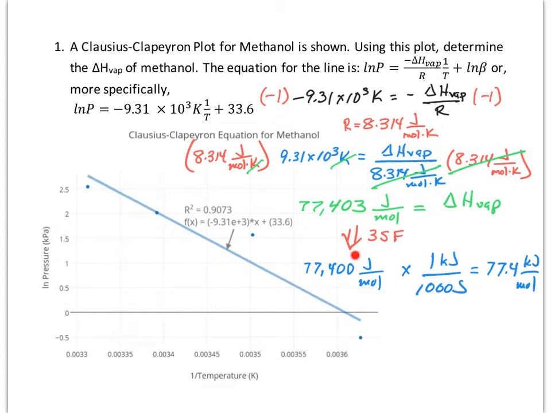So if we round to 3 significant figures, we get 77,400 joules per mole. If we convert that to kilojoules, that is 1 kilojoule is 1,000 joules, you get 77.4 kilojoules per mole. So given that kind of data, you should be able to find the heat of vaporization for a given liquid from that kind of plot.